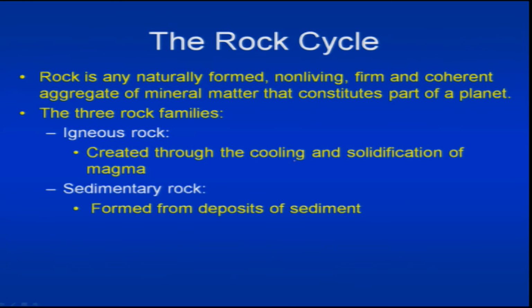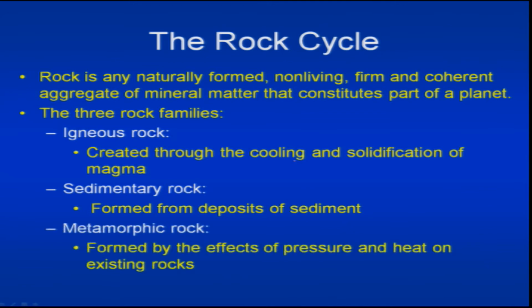Then we have the sedimentary rocks. When this material comes up, erosion results in the formation of sediments, and then different sedimentary rocks are formed in different environments. Then the metamorphic rocks are formed mainly because of the effect of high temperature and pressure.